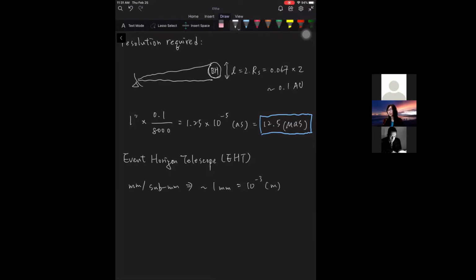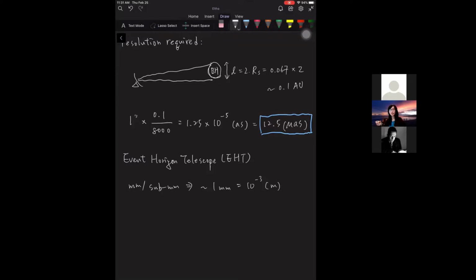Okay, and so to determine the resolution, we know for a single dish telescope, the resolution is the wavelength lambda divided by the dish size, the diameter of the dish. And we know that the Event Horizon Telescope is actually not a single telescope.